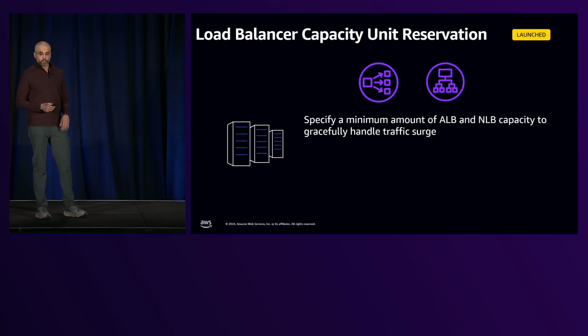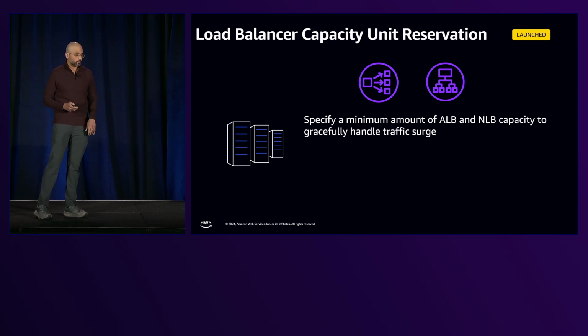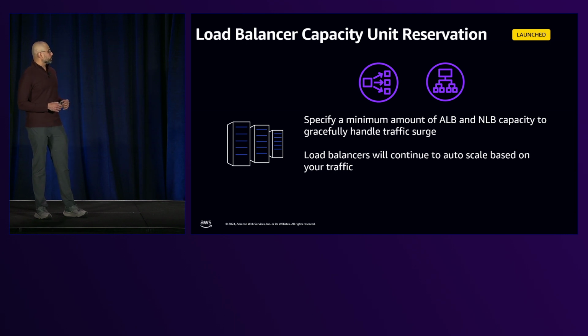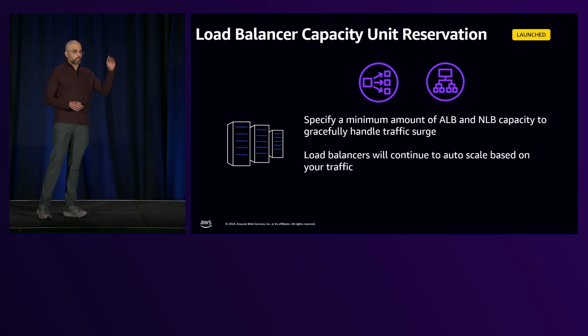You can simply specify a floor in load balancer capacity units, or LCU, and you're guaranteed to have that minimum capacity at all times. It's important to note that the load balancer will continue to auto-scale based on the traffic it receives beyond the minimum floor. So you get a floor based on the minimum capacity you set, and then organic scaling kicks in if you need more than that.